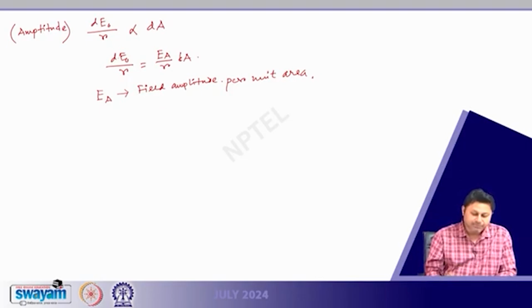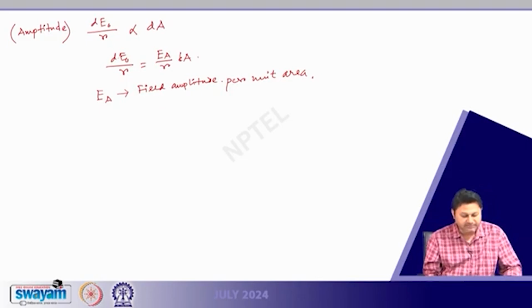So, now E_A is again proportional to the complex amplitude of the original electric field that is falling here.